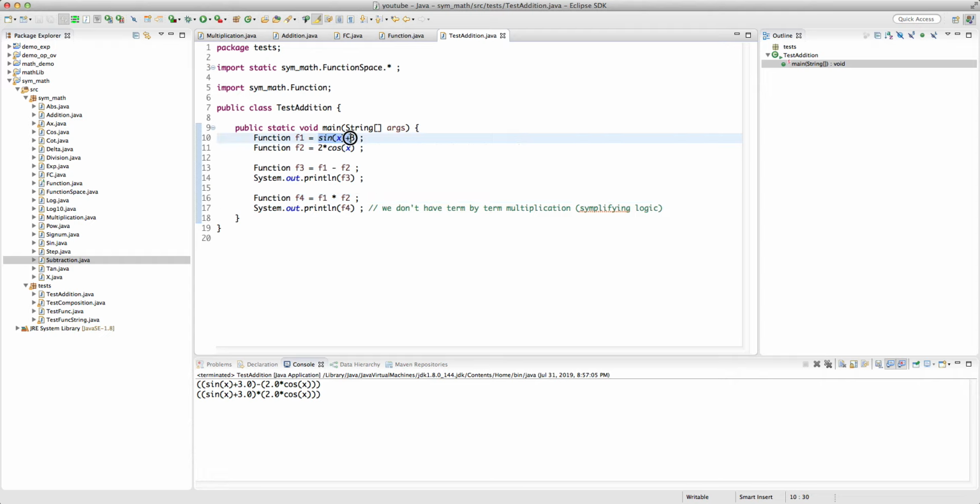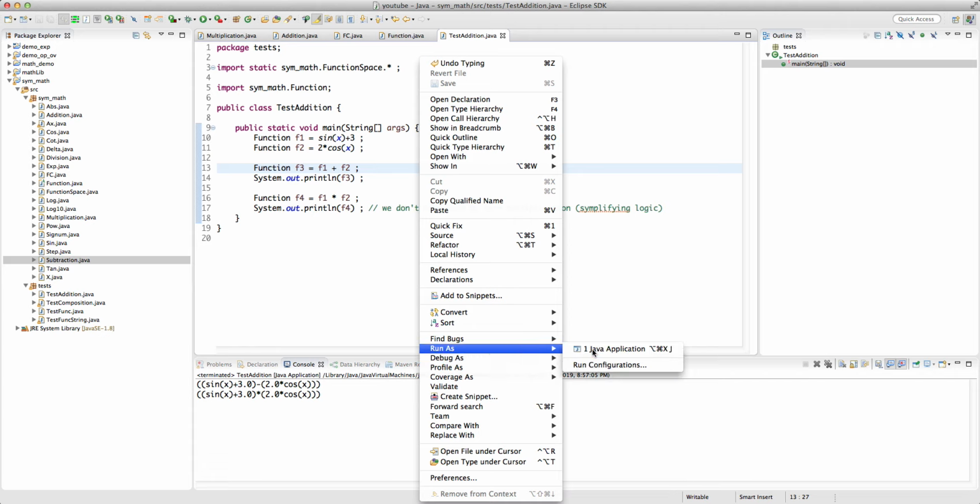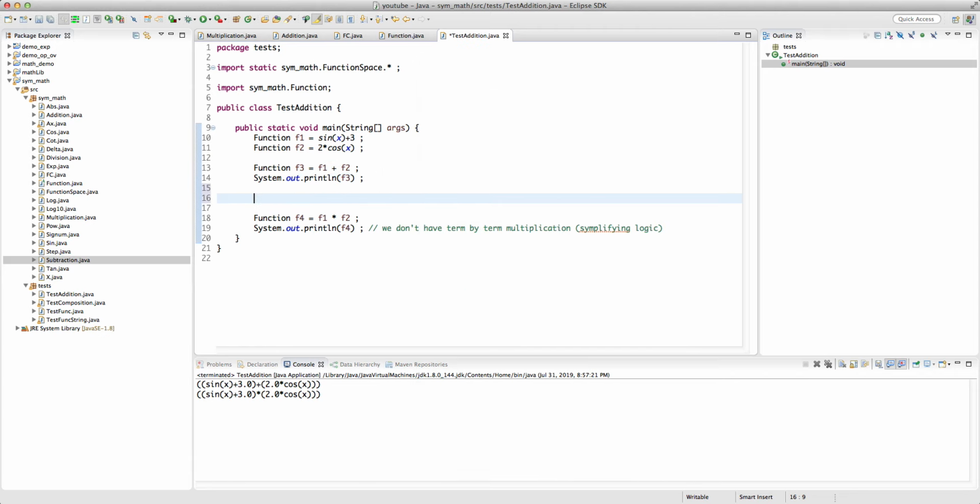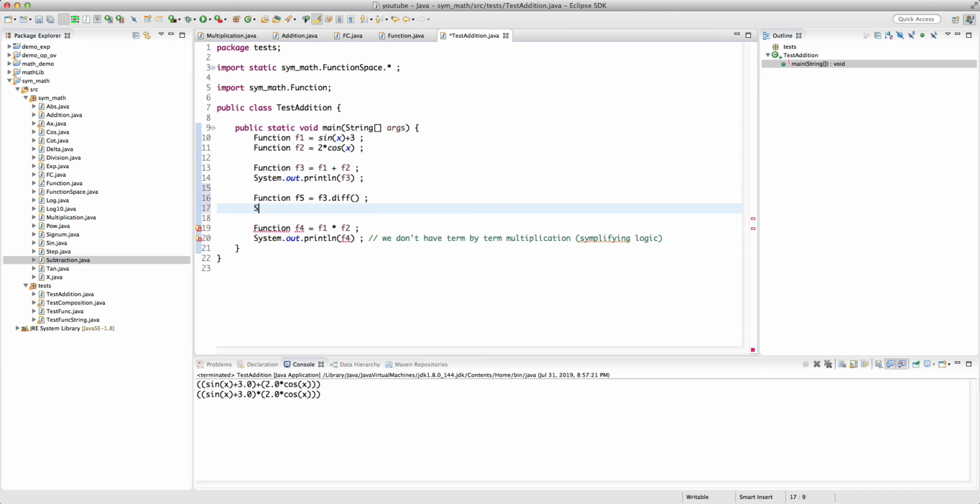now let's say we have plus. Okay, so let's define function f5, basically f3 dot diff.